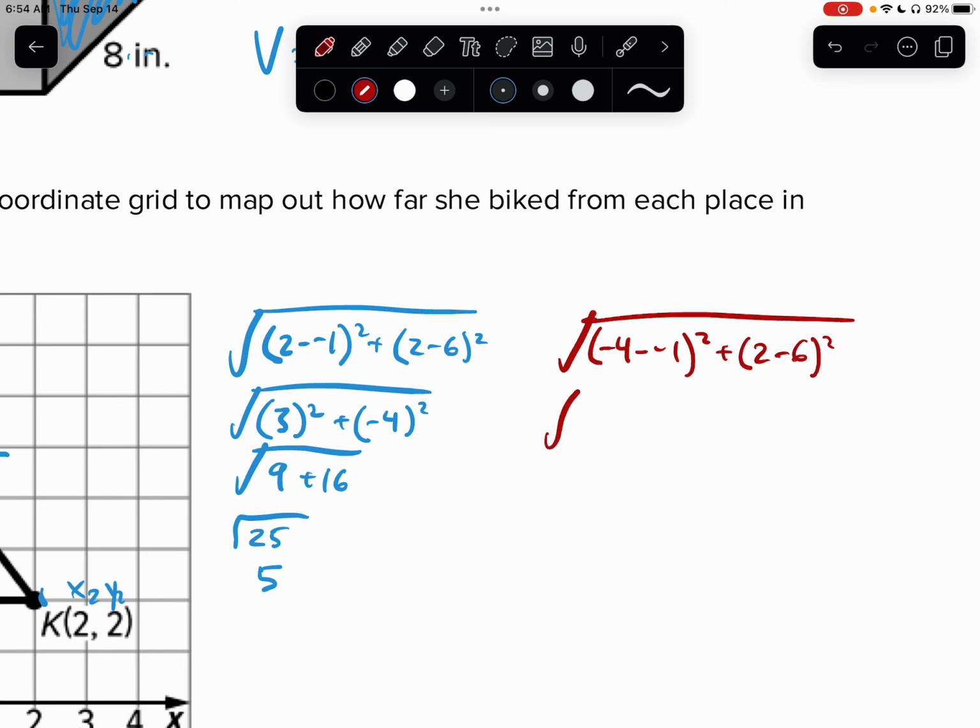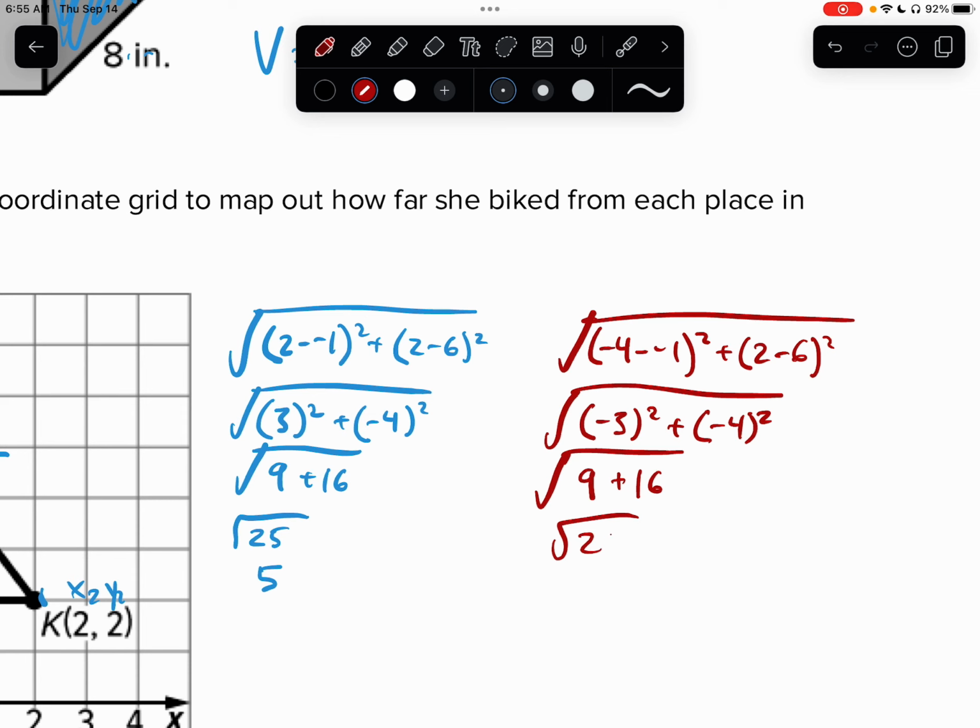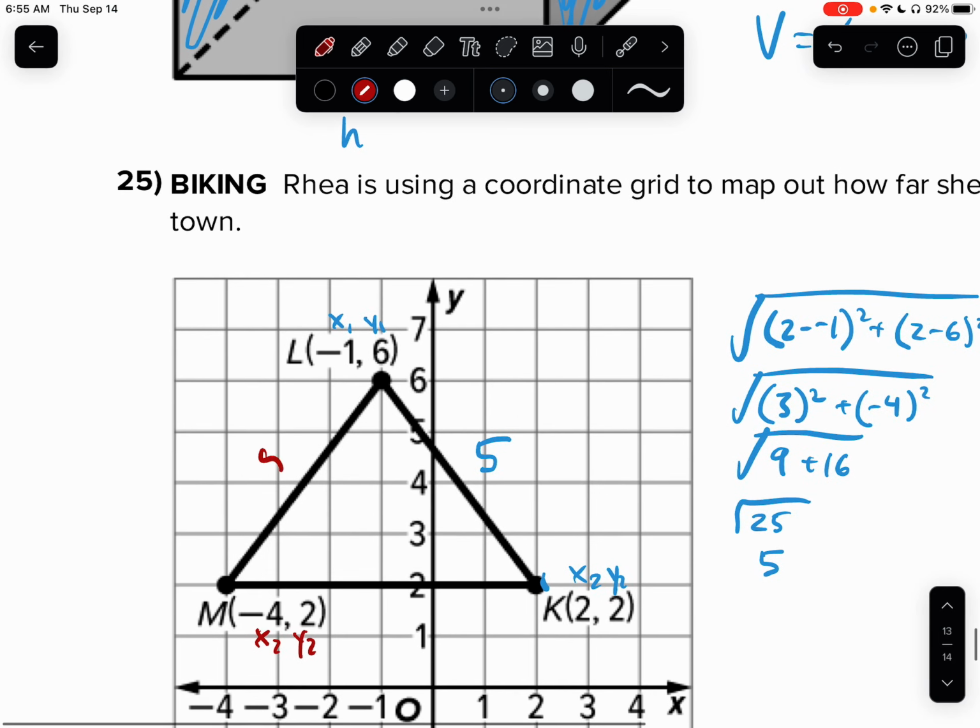Negative 4 minus negative 1 is negative 3, squared. 2 minus 6 is negative 4, squared. Negative 3 squared is positive 9. Negative 4 squared is positive 16. And again, 9 plus 16 is 25. Square root of 25 is 5. So this distance is 5.